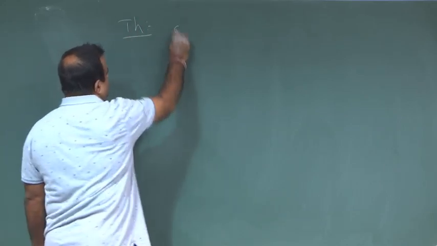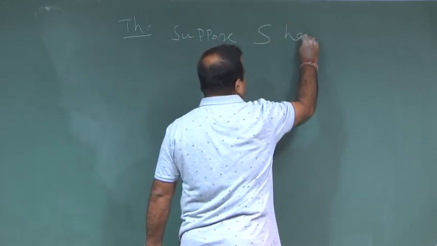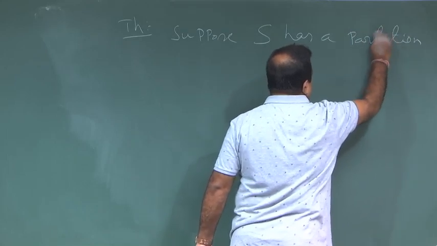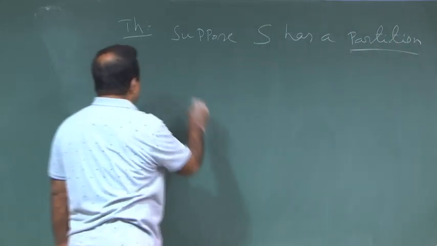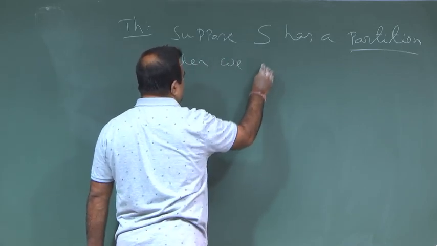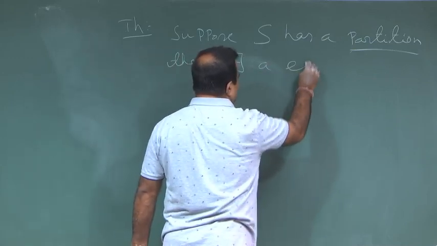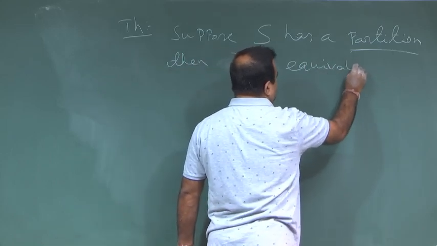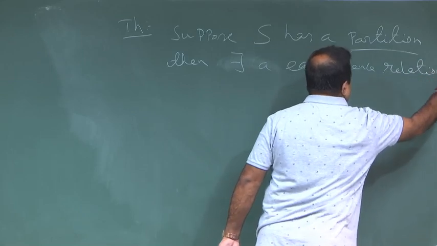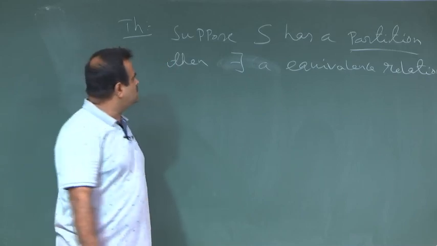It is telling, suppose S has a partition, a disjoint partition, then there exists an equivalence relation rho.